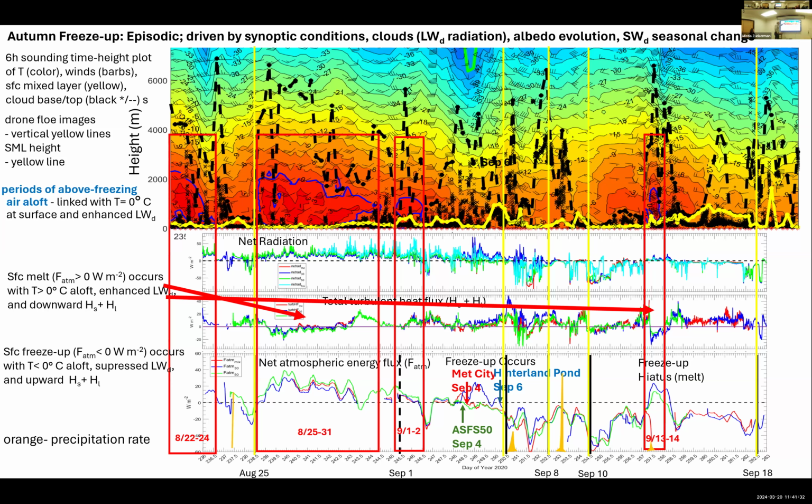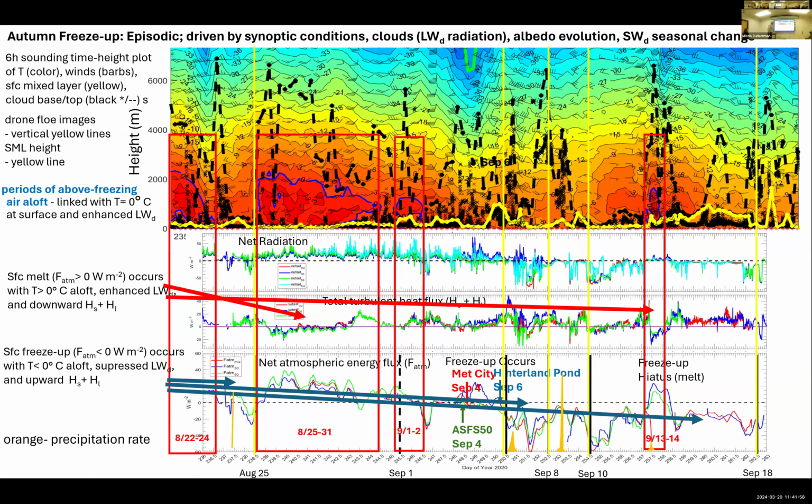We have enhanced net radiation and downward sensible heat flux that produces a positive value of this net atmospheric energy flux. That's when we have our melt. So when we first arrived, we primarily had melt with a few little episodes of freeze going on. But then later on, we had general freeze with one last little melt period associated with a cyclone.